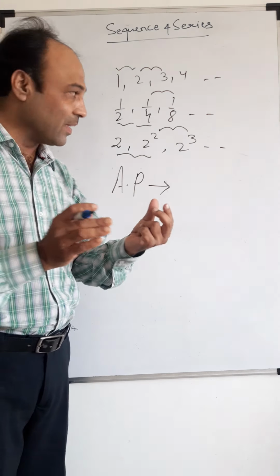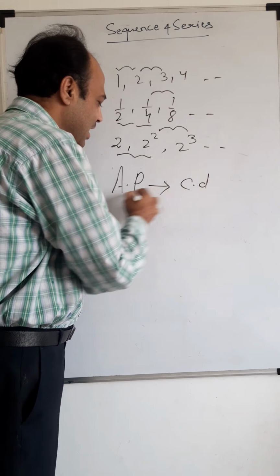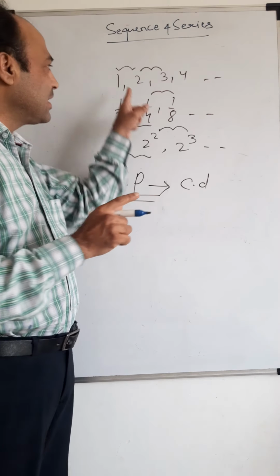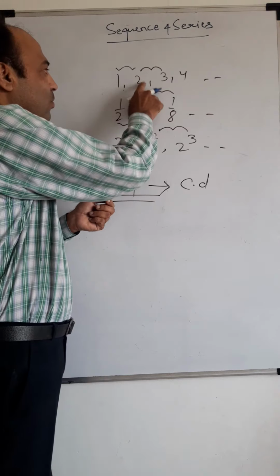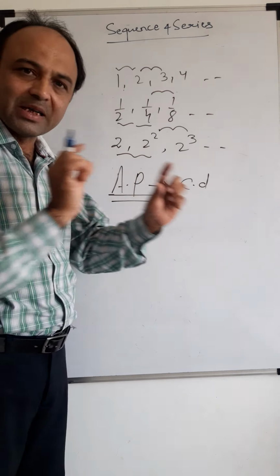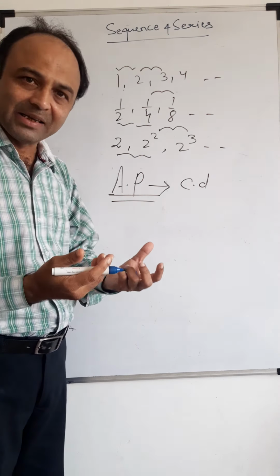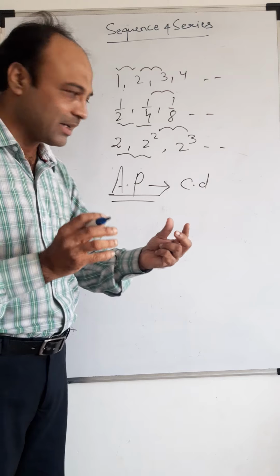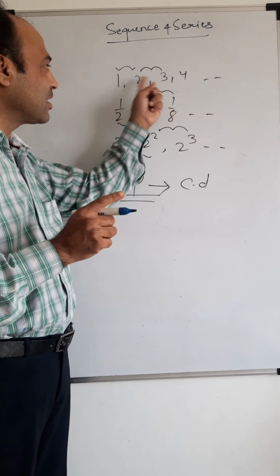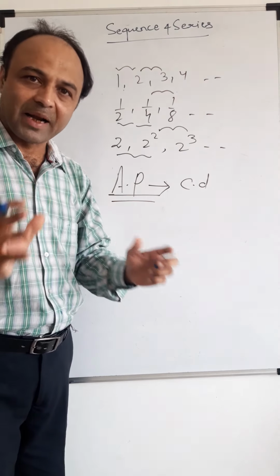So a sequence having a common difference is known as arithmetic progression. See, in this sequence, between two consecutive terms there is a mathematical relationship: 2 minus 1, 3 minus 2. So it is a progression, and if it carries a constant common difference, meaning 2 minus 1 is 1, 3 minus 2 is 1, 4 minus 3 is 1, then it is said to be an arithmetic progression.